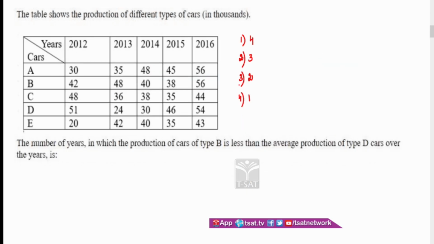Here the table, again the same table I have taken. The number of years in which the production of cards of type B is less than the average production of type D cards over the years. Find out the average production first. Now see here, it's 51, 24, 30, 46 and 54. If it comes to average production, take 40 as your assumption.